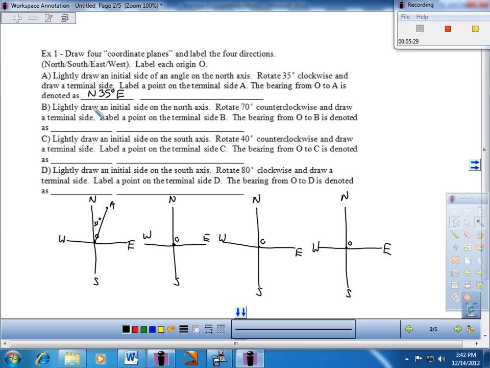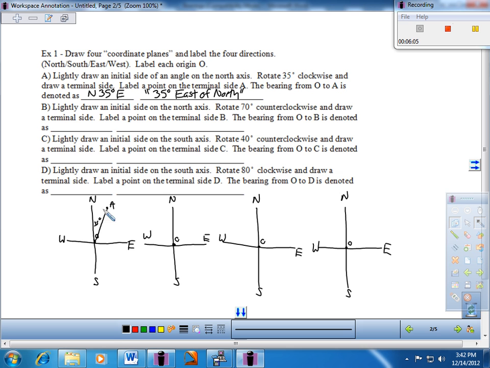The initial side, which axis we're rotating off of, describing the rotation, and in which direction did the terminal side rotate. The way we would read this, by the way, and I'm just going to sort of put this with quotations, but basically we would say this is 35 degrees east of north. And that's how you'll hear me say this over the course of going through this lesson. 35 degrees east of north. Okay, that's exactly it. That would be the first bearing, from here to here.